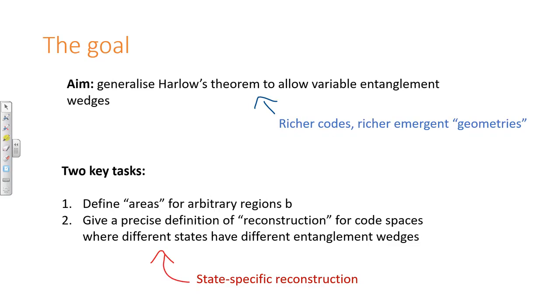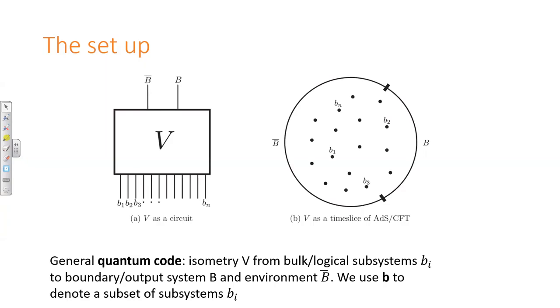Okay, so let me now be very precise about the setup and the formalism we're going to work with. We're just going to consider, as I've been saying, some very general quantum error correcting code. Let me be completely precise about what I mean by that. We're going to have a load of input subsystems all tensored together. These represent all the different points in the bulk.